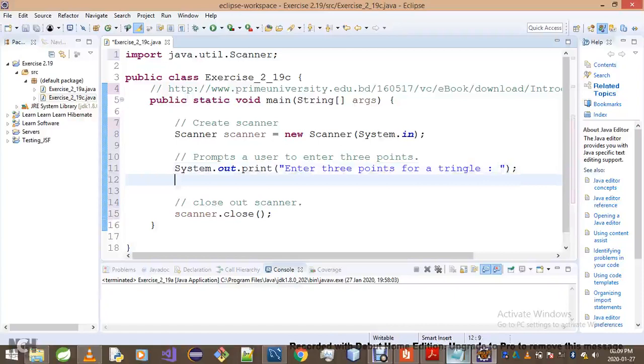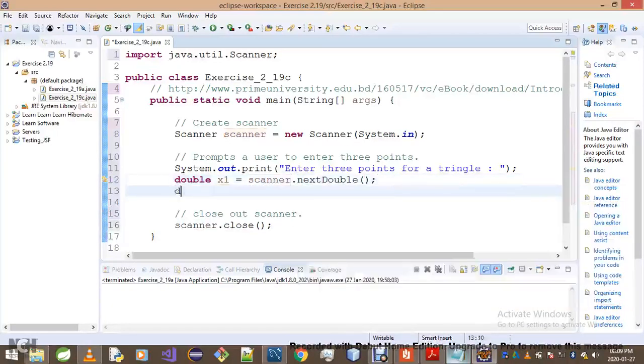If you remember well, on our previous solution, we declared a bunch of variables in one line, separated using a comma. However, that's not good code style, right? So the better way would be to go double x1 and then next double. In fact, the better way would be to declare and initialize in one line.